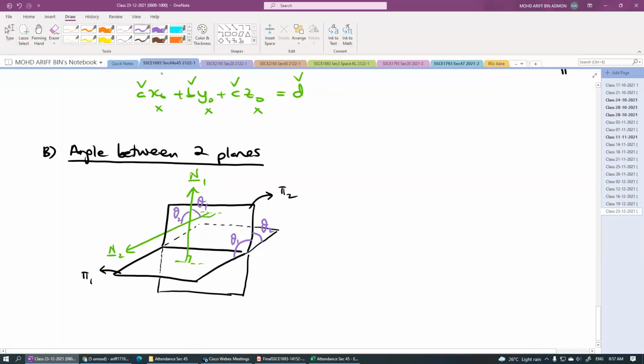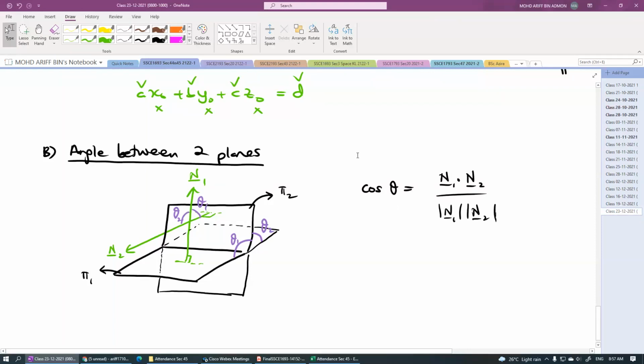Now, once again, dealing with the angle, we are dealing with cosine theta. Using both vectors n1 and n2, you just take the dot product of n1 and n2 divided by its magnitude, then you can get your theta. It doesn't matter whether your theta is acute or obtuse, it is acceptable.